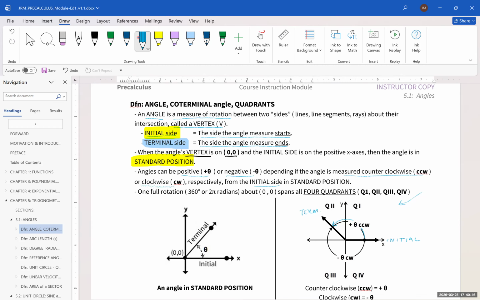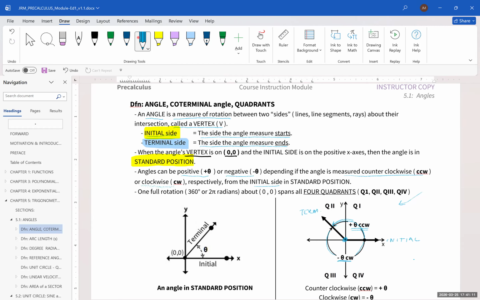This counterclockwise rotation is a positive angle. If instead we start from the initial side and go clockwise around the vertex, then that is a negative angle measurement.